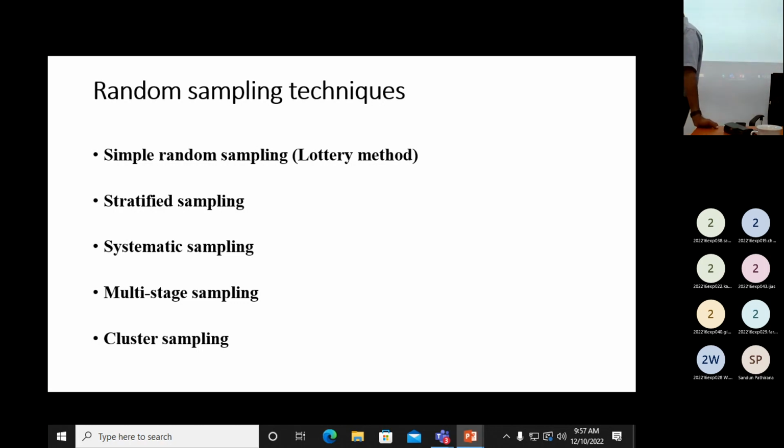All the items of the selected areas are included into the sample.